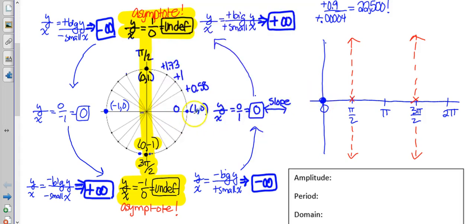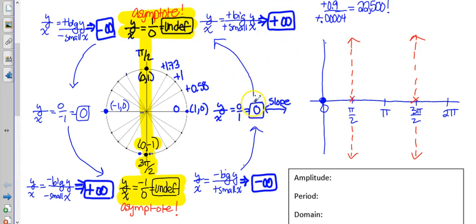So we agreed that we start at 0, and now we are literally going to retrace our steps. As our x values increase, we're coming around the circle, and we have already discovered that as I approach this asymptote, as I get close to it, tangent is going to positive infinity.